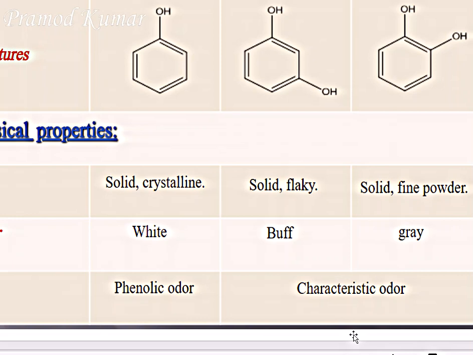First, the phenol is white solid, crystalline solid. Resorcinol is buff colored, and your catechol is grey colored fine powder. First is your crystalline, second one is your flaky, and this third one is your grey colored solid. So that is the color, and then odor, phenolic, peculiar odor of the other two compounds.